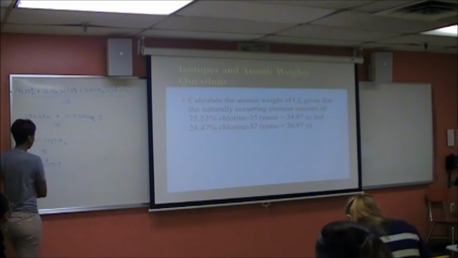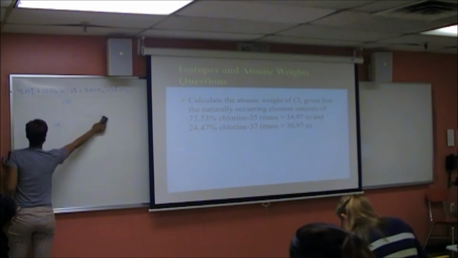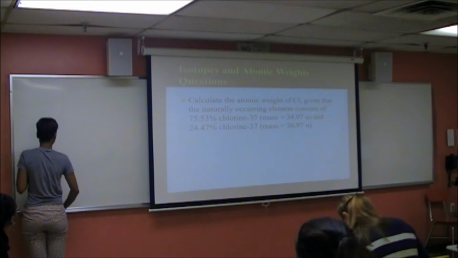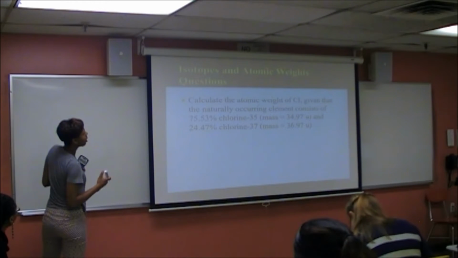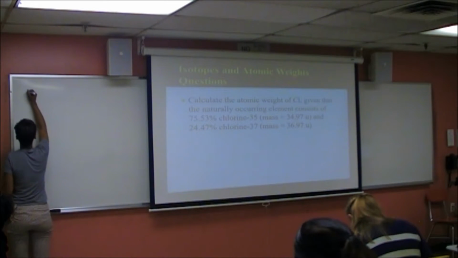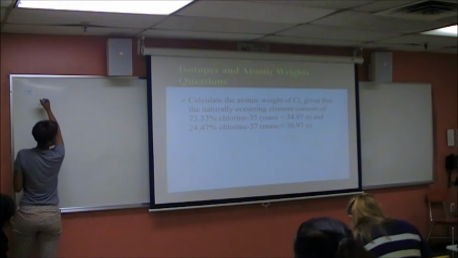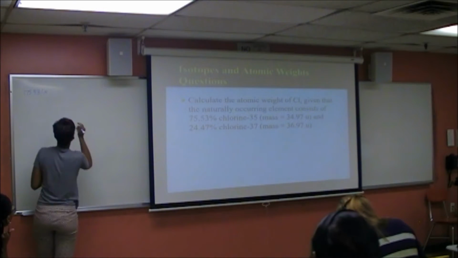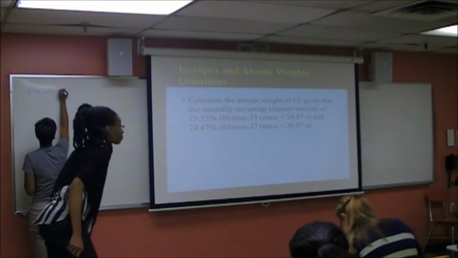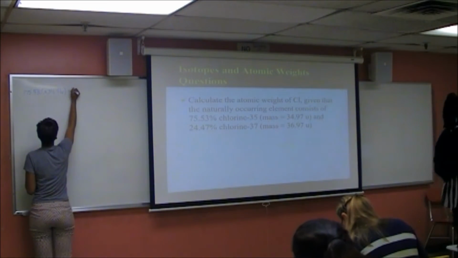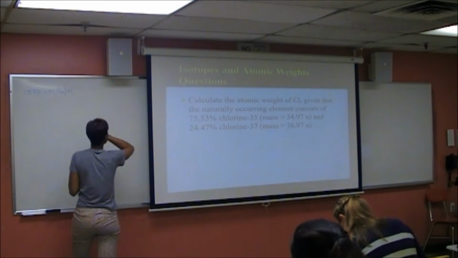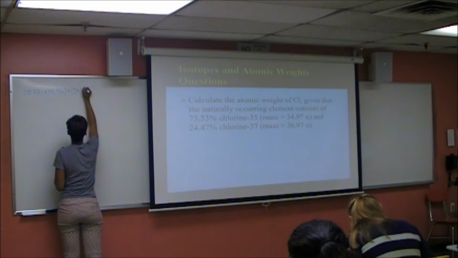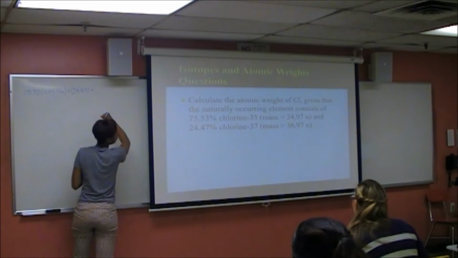You take the abundance, which is 75.53% times the mass, which is 34.97 U's, plus the abundance of the second, which is 24.47%.